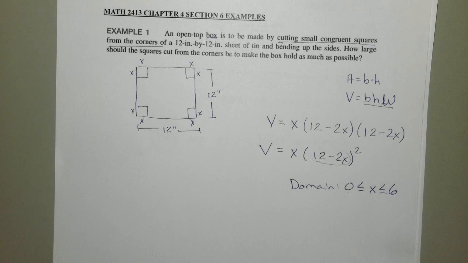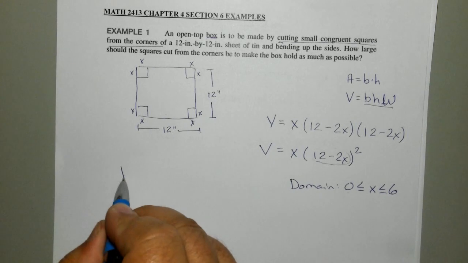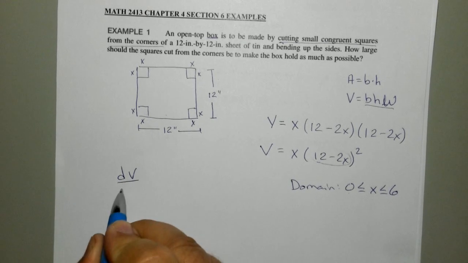Optimization. We're looking for the maximum or minimum. Have we talked about those previously? Maximum minimums? How do we find the maximum minimums previously? Yes. So, we have to take the derivative of our volume with respect to which variable?